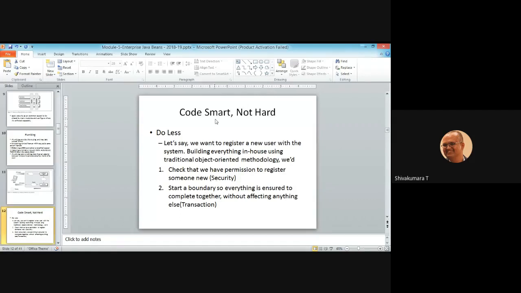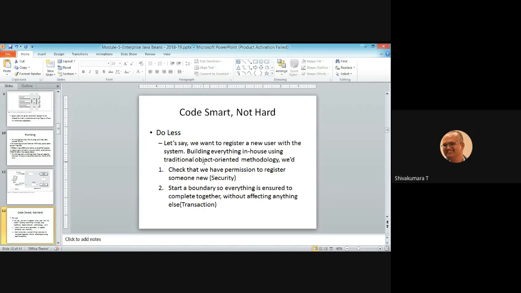So now, code smart, not hard. Code smart is nothing but do less. Not hard means you can write the same set of code using hundreds of lines, or you can write the same logic using 2 to 3 lines.